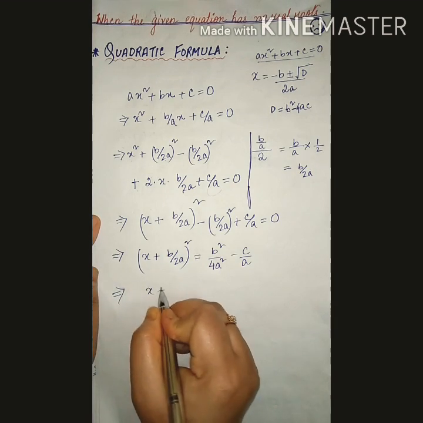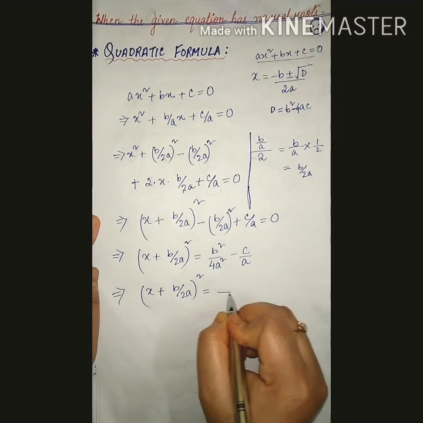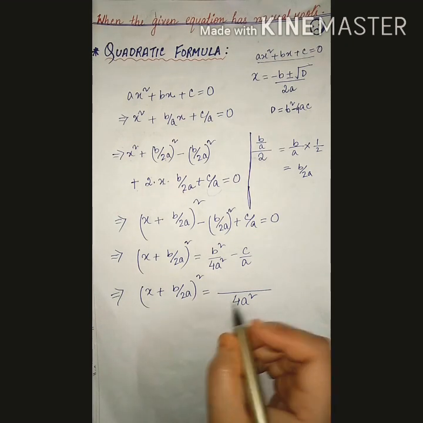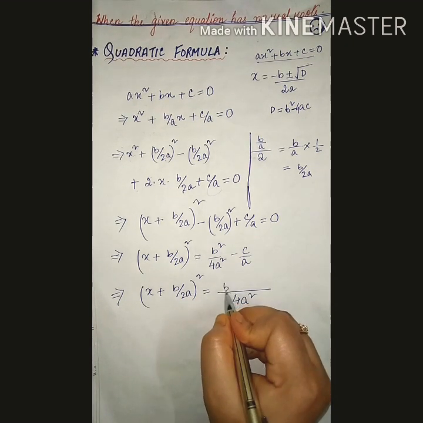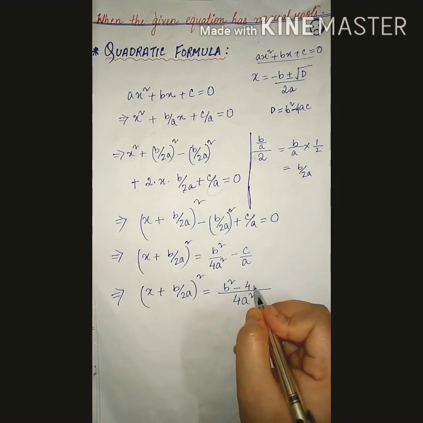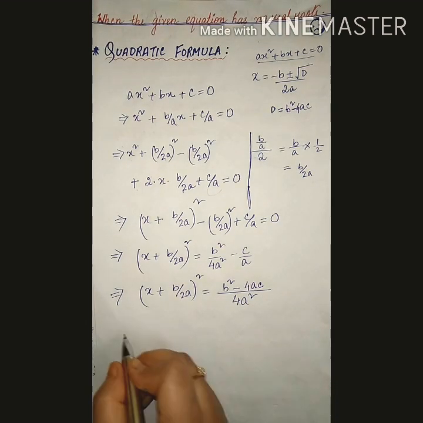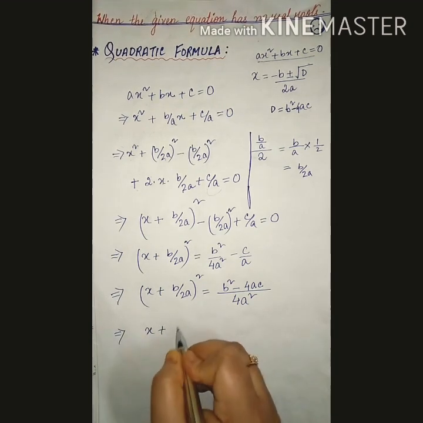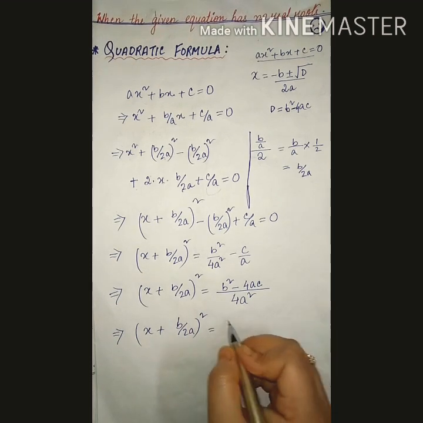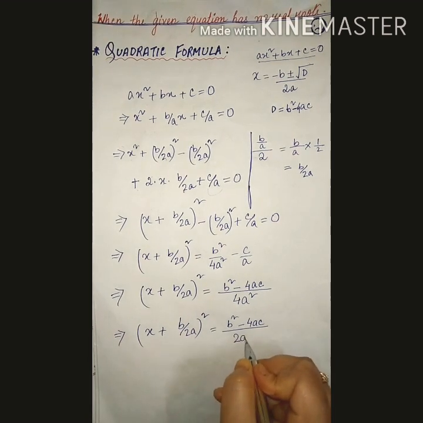Now x plus b by twice a whole square equal to, if I take the LCM as 4a square, what will we get? b square minus, a is already there, so we need to multiply c with this one, 4ac. Then x plus b by twice a whole square will be equal to b square minus 4ac divided by 4a square.